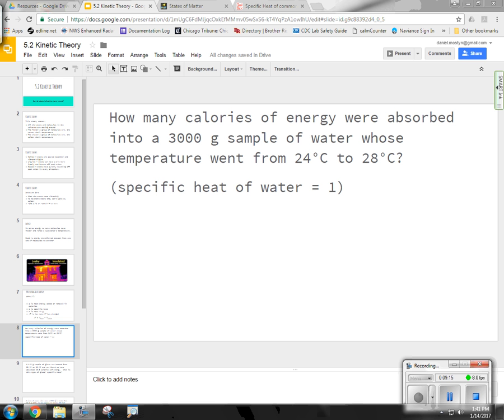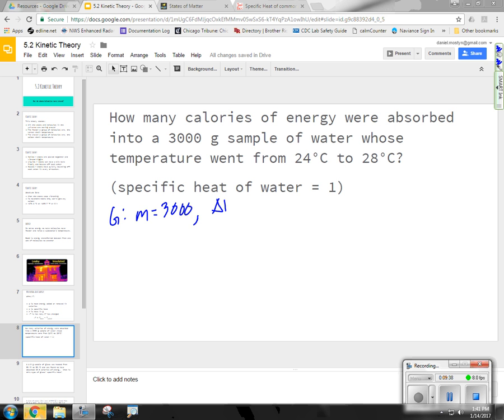All right, let's start with what we're given. We're given that the sample is a 3,000 gram sample. So that's the mass. We're also given that the temperature goes from 24 to 28.